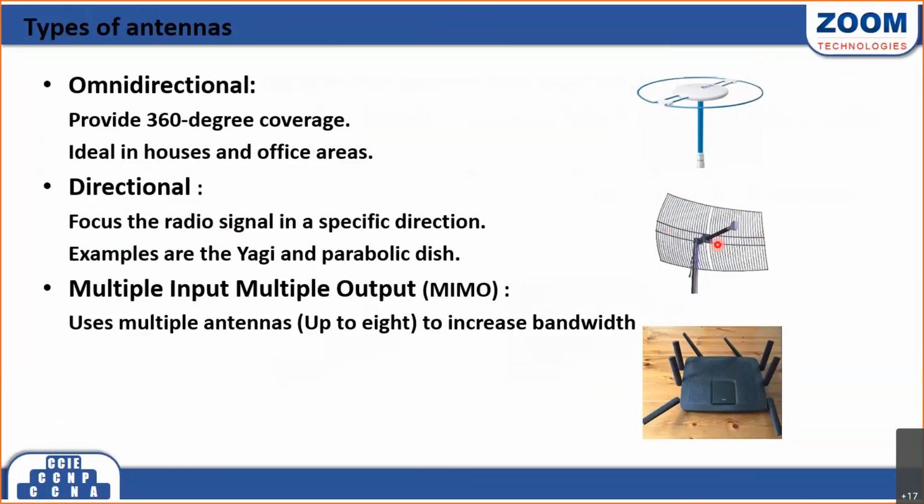Again, you move on, and we fix on one direction. That is directional. It focuses the radio signals in a specific direction only, like a dish. So multiple input, multiple output, MIMO technology, up to 8, increases the bandwidth. Nowadays for dishes and TVs we use directional, and for homes we use omnidirectional.